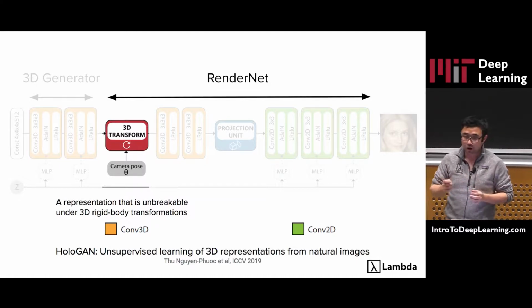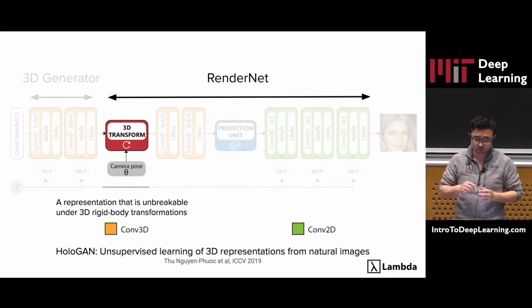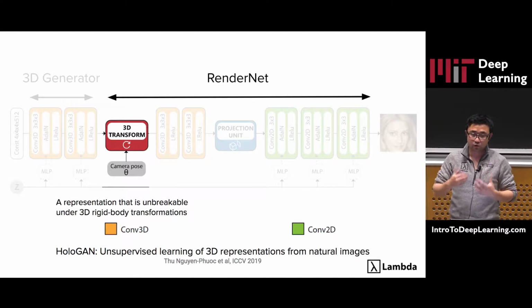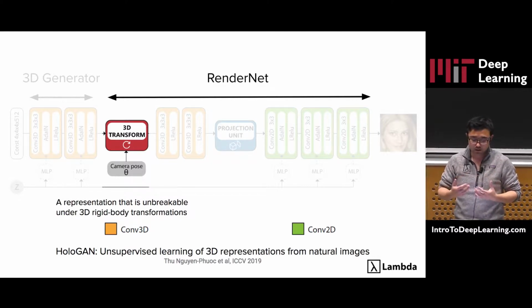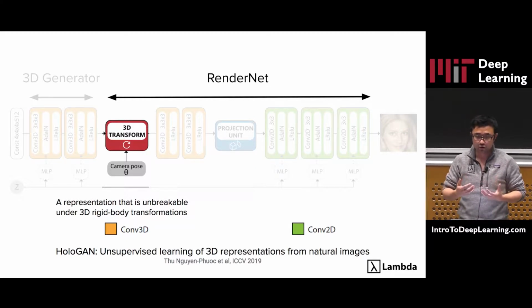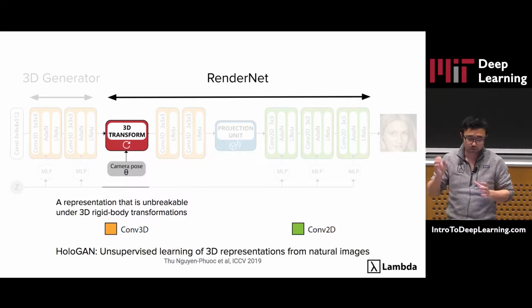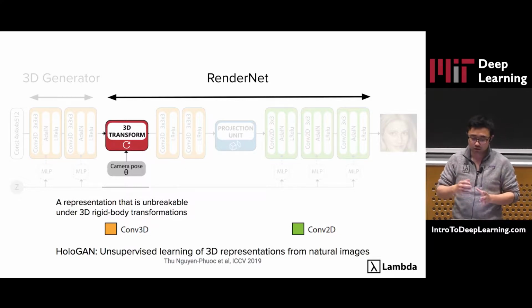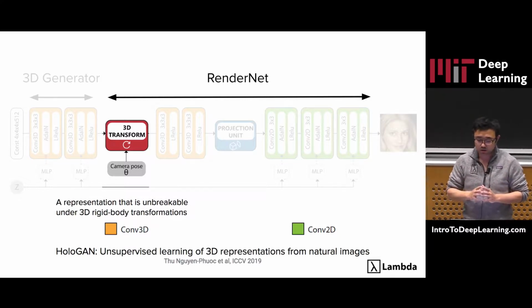And this is actually how the inductive bias is injected during the learning process. Because in this way, the network is forced to learn some very strong representation that is unbreakable under arbitrary pose. And in fact, if we do not apply random transformation during the learning process, the network is not able to learn.